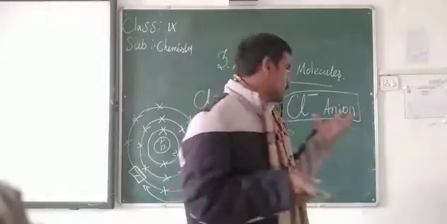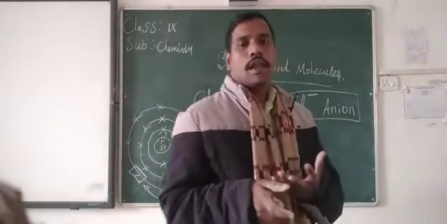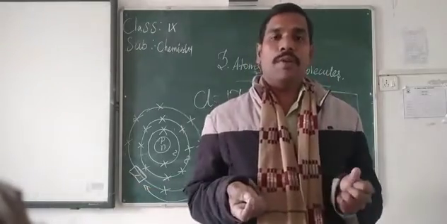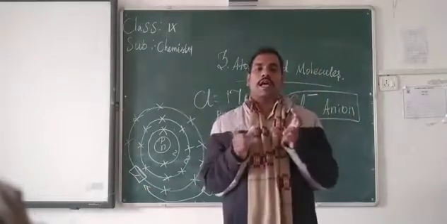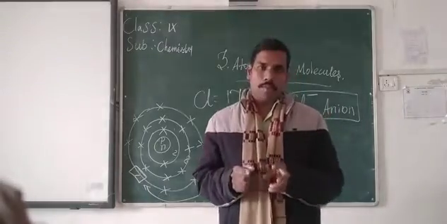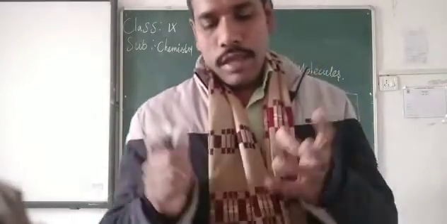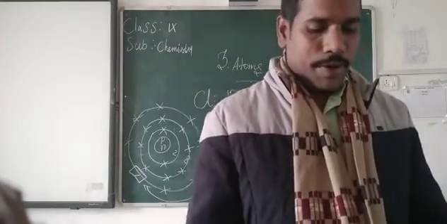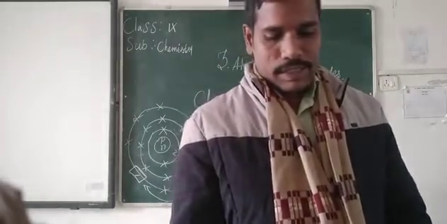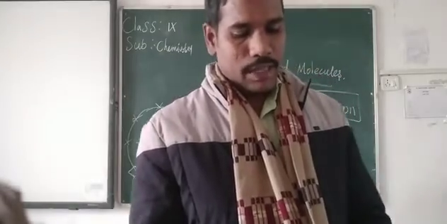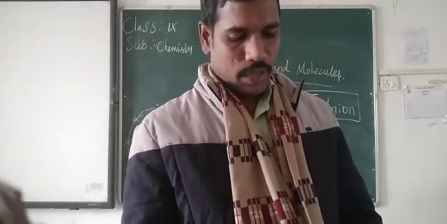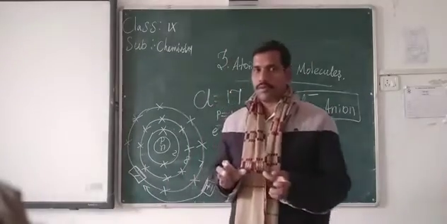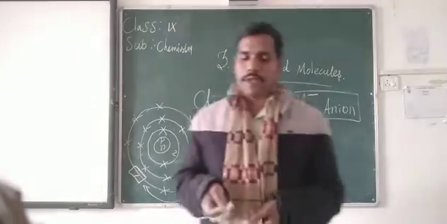If you know how many electrons are lost or gained by a particular atom, it will be easy for you to write the molecular formula. Based on this only we can write the molecular formula. From the next class, let's learn how to write the molecular formula and the rules we are going to follow. Please revise what we have discussed.